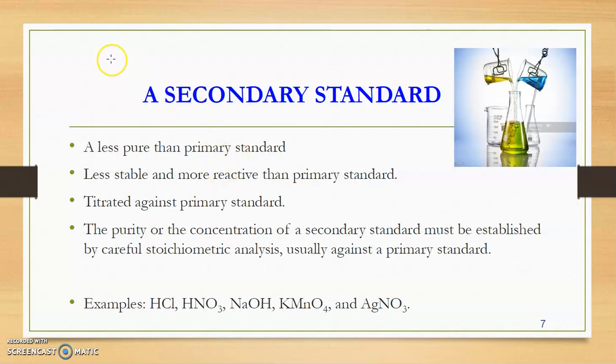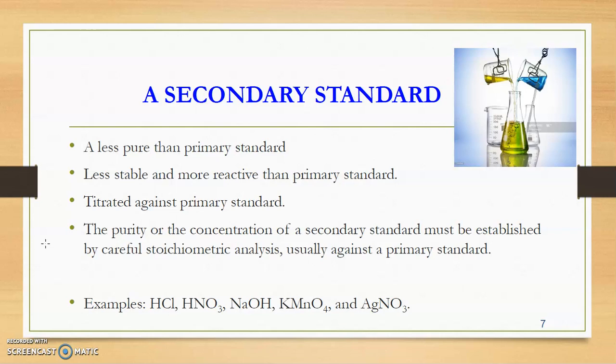So secondary standard. A secondary standard is less pure than a primary standard, less stable and more reactive than a primary standard. Okay, more reactive meaning that it easily reacts with the environment. For example, acids are very easy to react, and sodium hydroxide too, as I mentioned. So it is titrated against a primary standard; this is the norm.